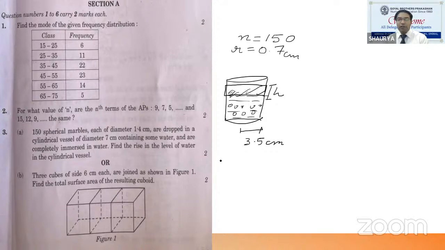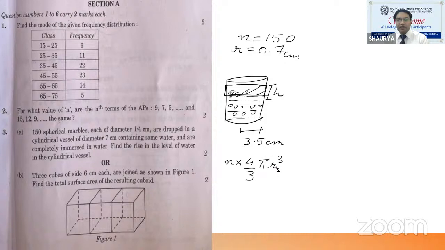So the volume of the water raised should be equal to the volume of the total marbles we have inside this cylindrical container, right? So we can equate n times the volume of each marble, being spherical, it's 4 by 3 pi r cube.